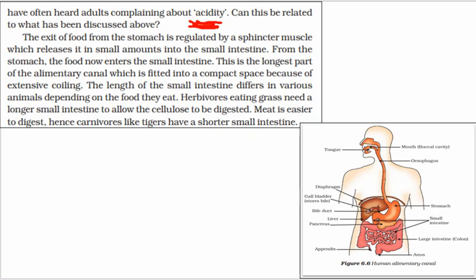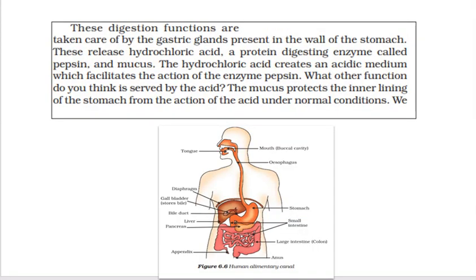So we have often heard this word, acidity, and that can be related to what has been discussed above. Yes or no? So the acid that is produced in our body, in which portion? In the stomach. That is the hydrochloric acid.